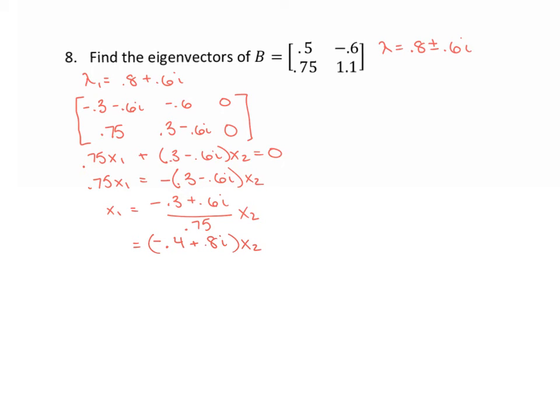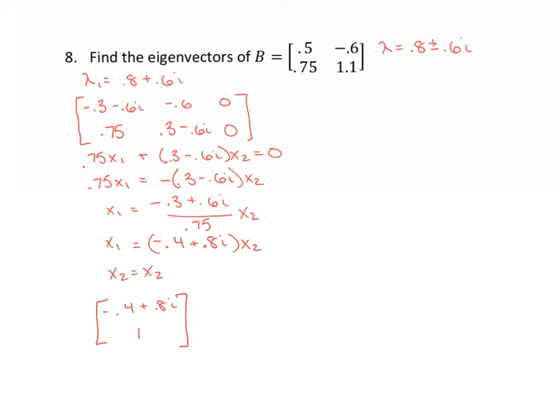So this is going to give us x1 is negative 0.4 minus 0.8i times x2. So x2 is my free variable, x2 is x2. If I look at this in vector form, it's going to look like negative 0.4 minus 0.8i, 1.